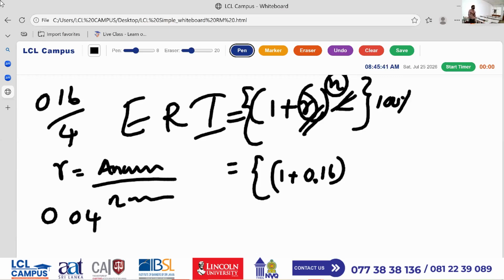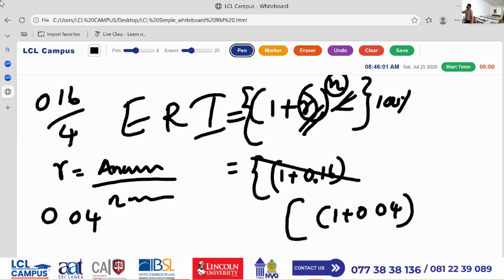N is the number of compounded times per year. Right? N is 4. So calculate it and see. How does it come here? 1 plus 0.04 to the power 4 minus 1. See what the answer is.